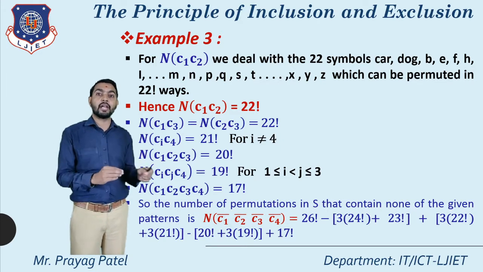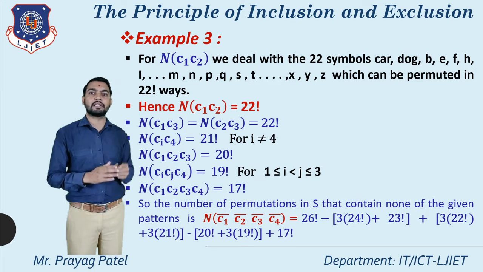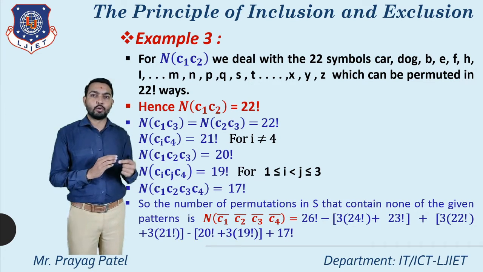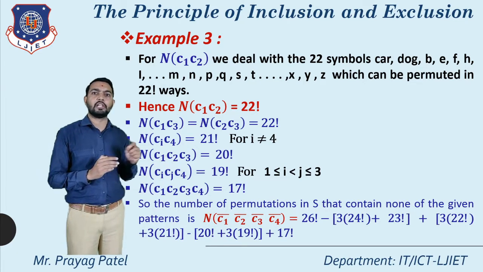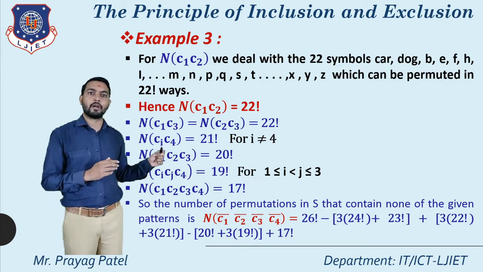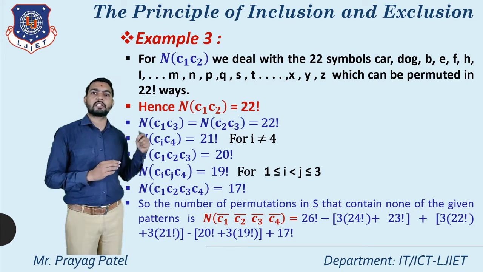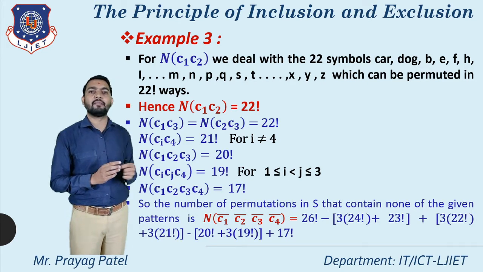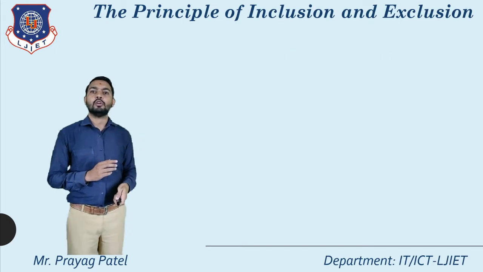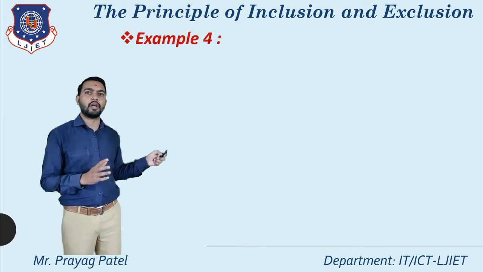But we cannot include these four, so N(C1' C2' C3' C4') is equal to, with all the values according to our equation, put the values here: 26 factorial minus 3 times 24 factorial plus 23 factorial plus 3 times 22 factorial plus 3 times 21 factorial minus 20 factorial plus 3 times 19 factorial plus 17 factorial. So we can find this value according to this.